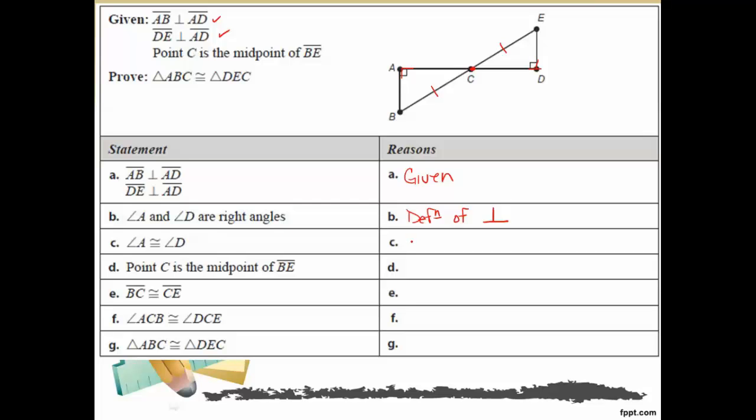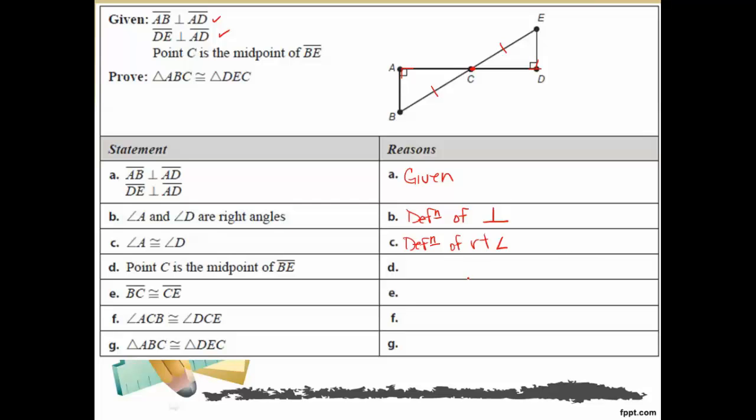So you could write down here, well, we could put definition of right angle. That will work. As a matter of fact, that's what I'm going to put. Definition of a right angle. Because we know a right angle equals 90 degrees. 90 degrees is going to be the same measure as 90 degrees. Therefore, angle A can be congruent to angle D.